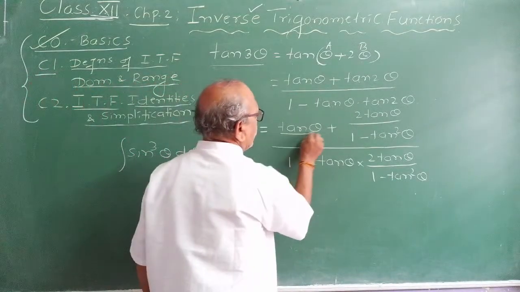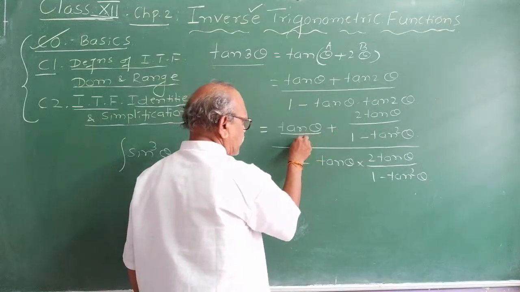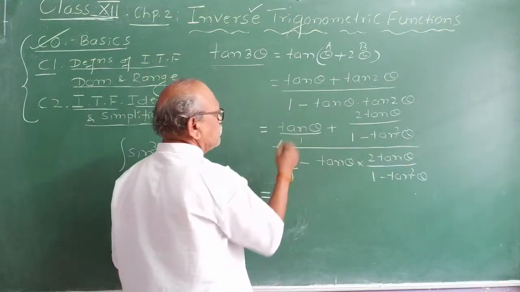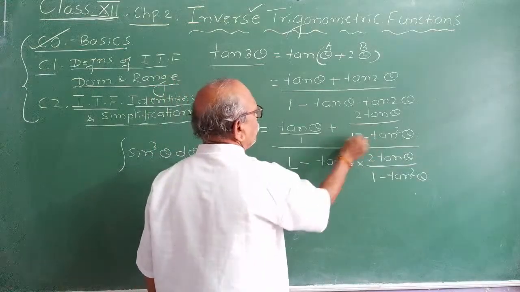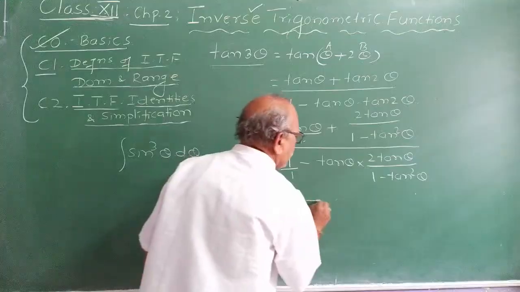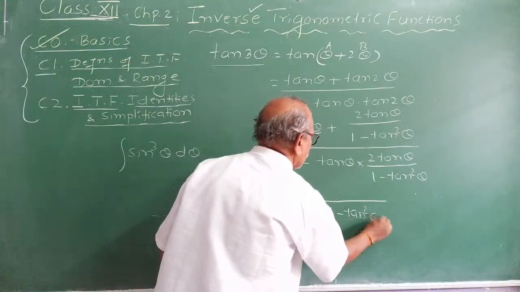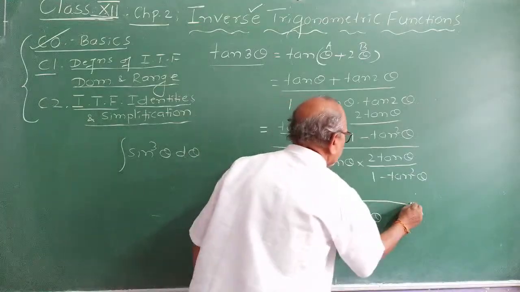Take LCM now. Tan theta can be written as tan theta upon 1. 1 can be written as 1 by 1. Take LCM in the numerator. What is LCM in the numerator? LCM in the numerator is 1 minus tan square theta. What you are left with in the numerator?